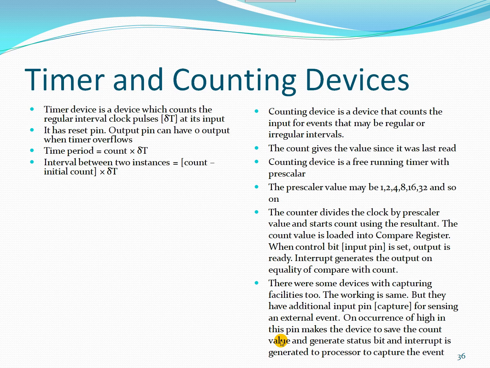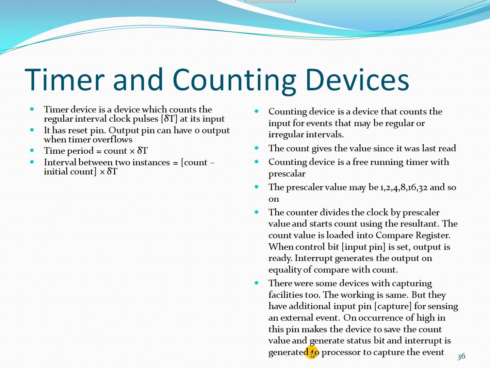So we will be counting those pulses from our capture pin. Upon the occurrence of a high on that pin, we will make that count, the count value will be saved, and we will generate the status bit upon reaching the maximum count. So the interrupt will be generated to the processor to capture that event.